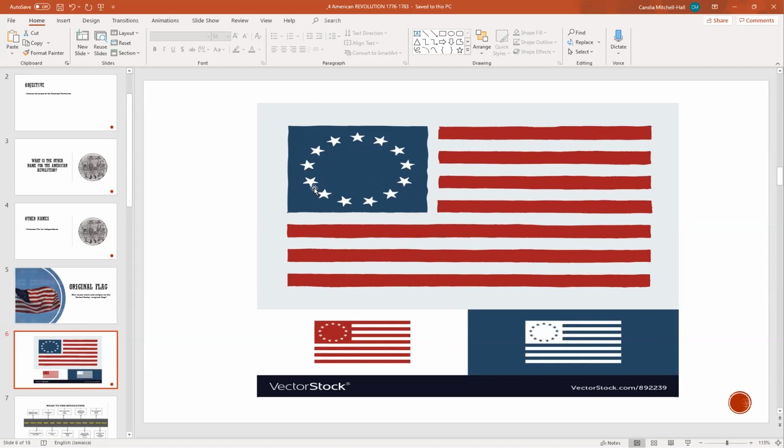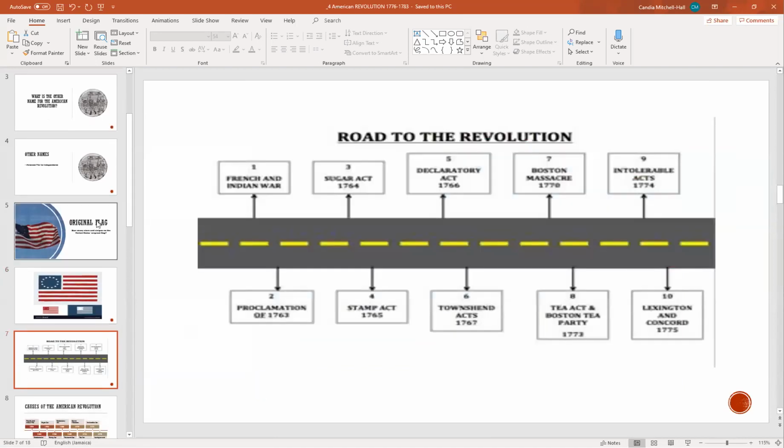Today in the US flag, you have about 50 to 51 stars, which symbolize the different states, and they still have 13 stripes across, right? On the flag. Very good.